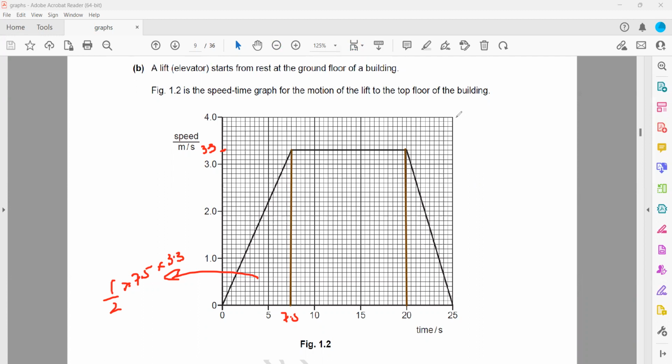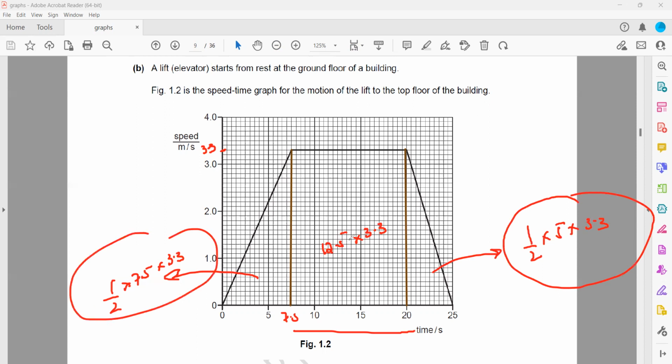Then the second one, for the rectangle, from 7.5 to 20. So 12.5 is the length, and height is 3.3. And for the last one, half base, the base is equal to 5, and height is again 3.3. So we find the area of the two triangles, plus we add the area of the rectangle, and the total distance travelled will be the sum of all areas.